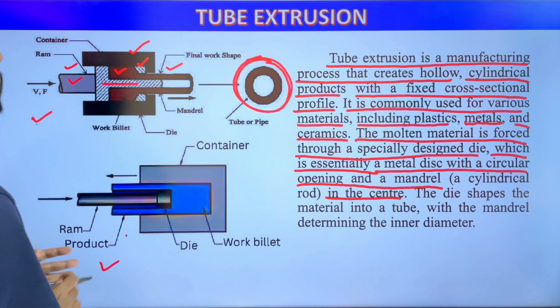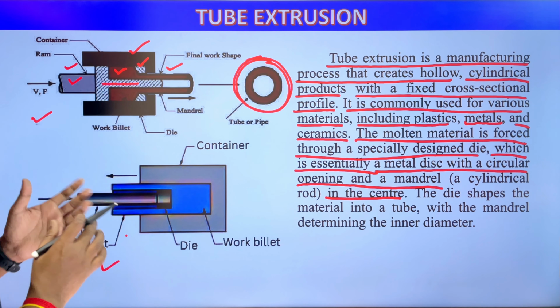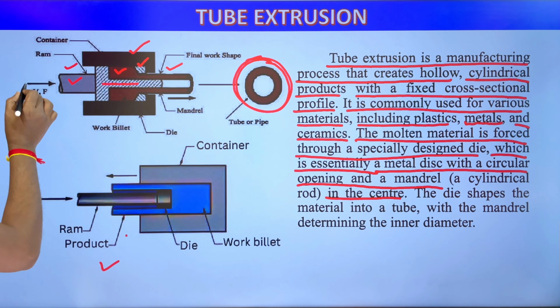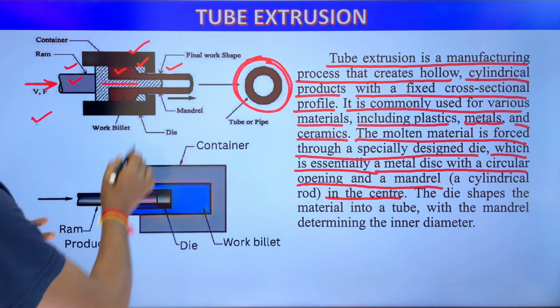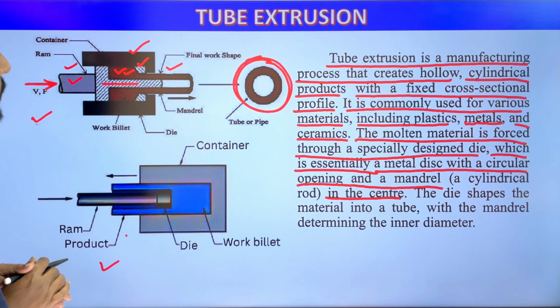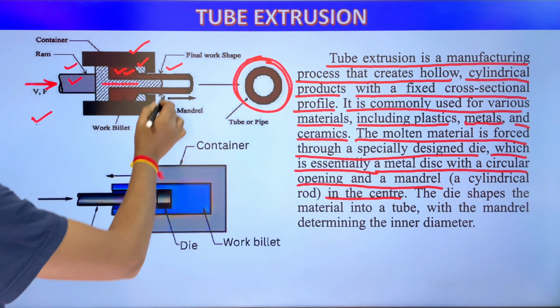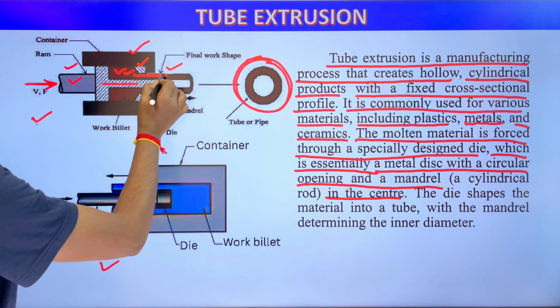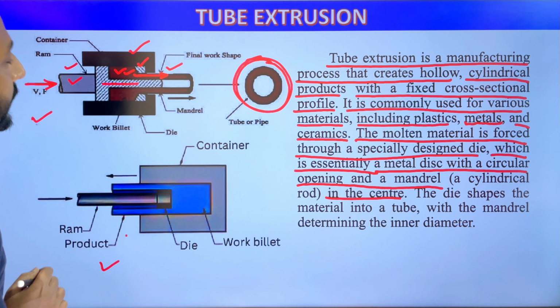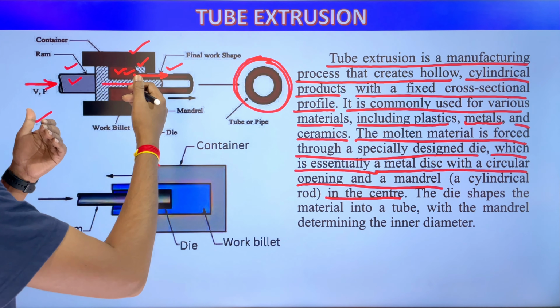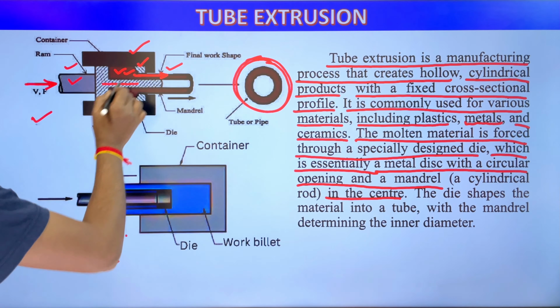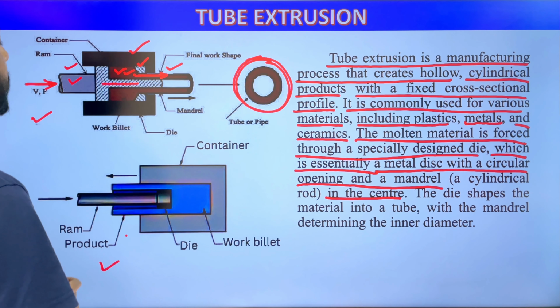So how it works, how the mandrel creating the hollow product. When we are forcing the ram, the force is applied on the heated metal billet. The metal billet is trying to come out through this opening of the die. So when the product is getting produced, the metal is getting out through the die opening.